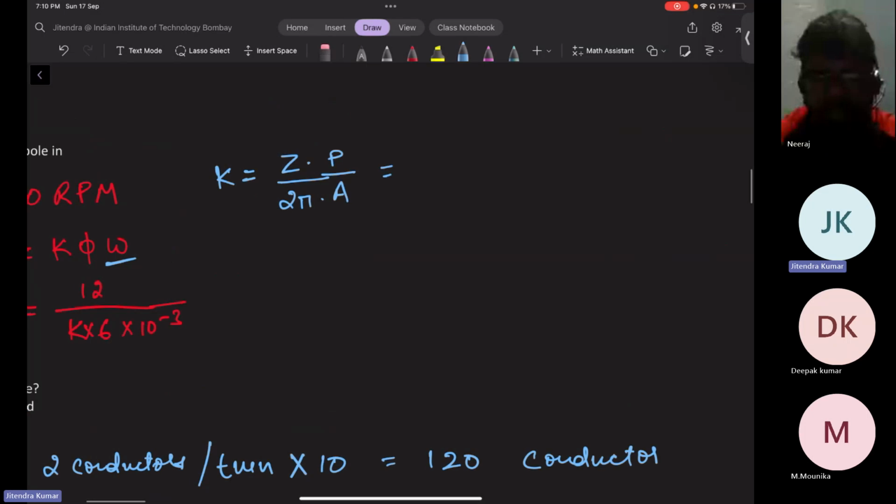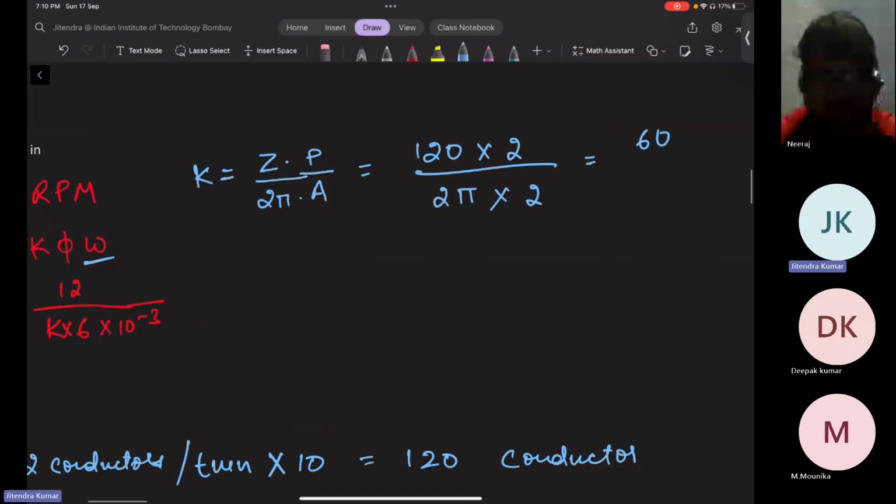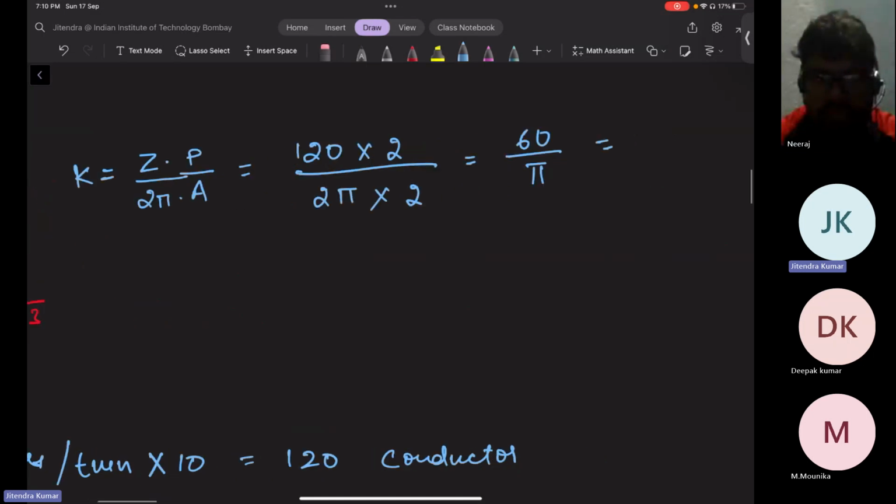So it is very important, right? So here, 120 conductors into number of poles 2, divided by 2 pi into a, which is equal to 2. So here it will be 60 by pi, and let us leave it in the form of 60 by pi, it will be convenient.